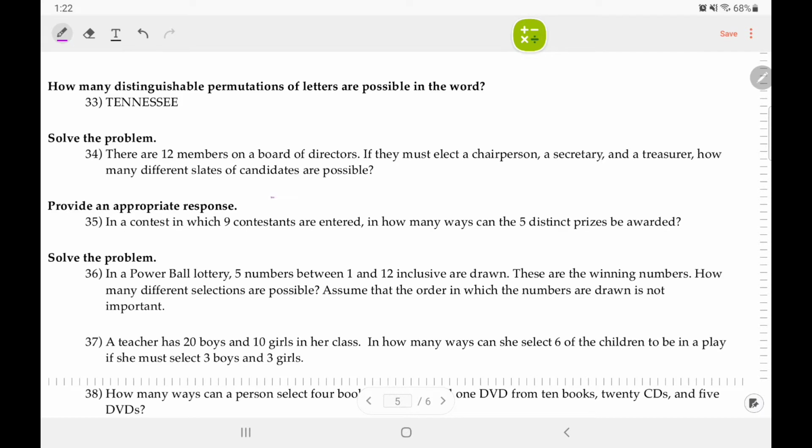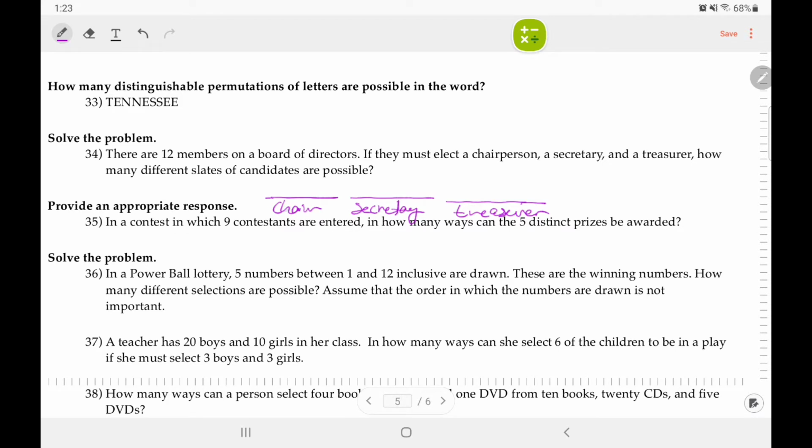Because we must have a chairperson, a secretary, and a treasurer. Now, I know the order matters on who goes where because the chairperson is at the top, then it's the secretary, and then it's the treasurer.